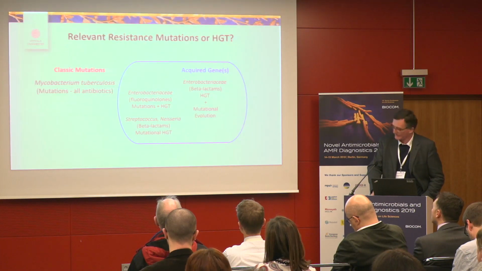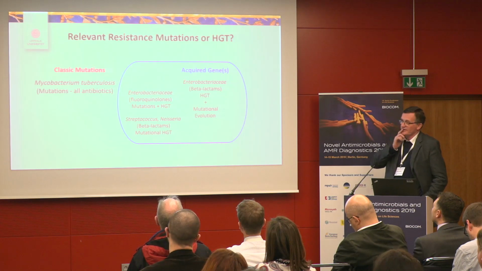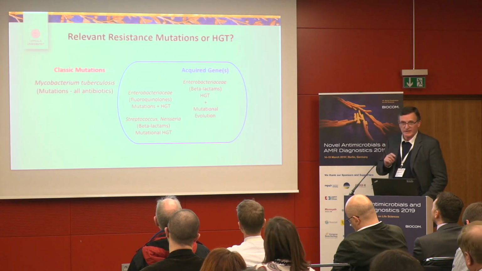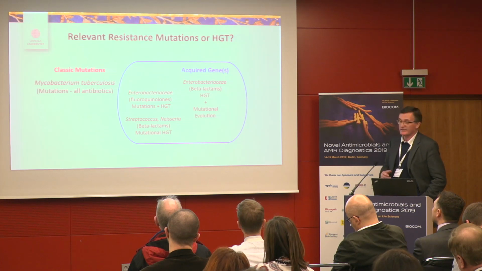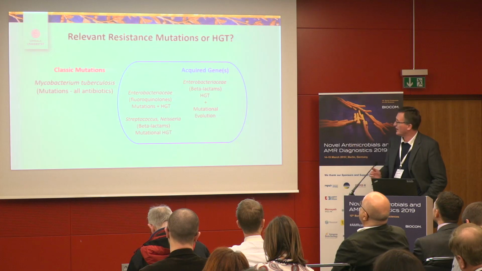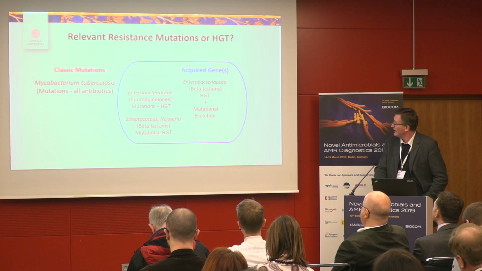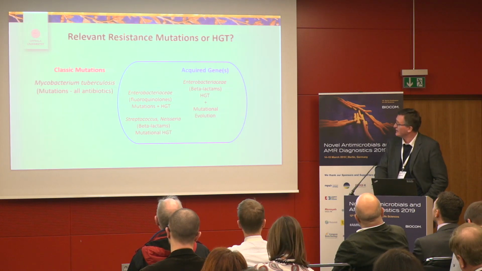Okay, so let's just consider mutations versus horizontal transfer for a start. If you look at acquired genes in Enterobacteriaceae, that's overwhelmingly the way we have resistance with the beta-lactams. So the most important class of antibiotics we have has effectively nothing to do with mutational resistance, except that you have mutational evolution once the resistance genes have been acquired.